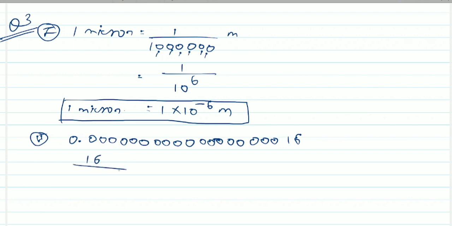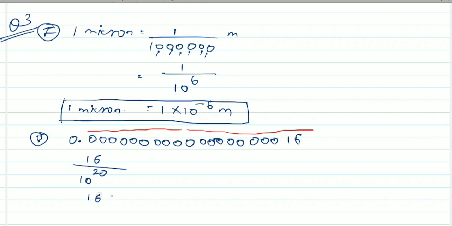Although the number of zeros are very large, the question is very simple. It's how many digits are there after the decimal point? 16, 3, 3, 6, 9. How many digits were there? 18 zeros and plus 2 digits. So in all 20 digits.